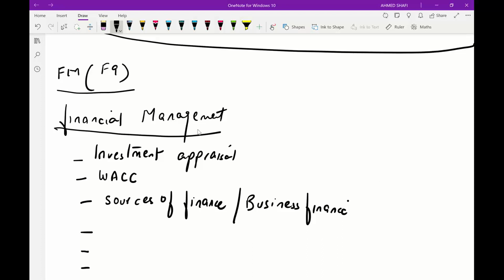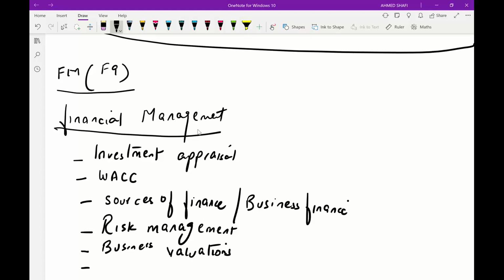The next core area is risk management, dealing with currency risks and dealing with interest rate risks. This is specifically the risk management area. Then the area called business valuations, how to value a business.